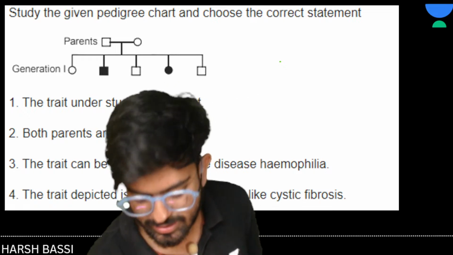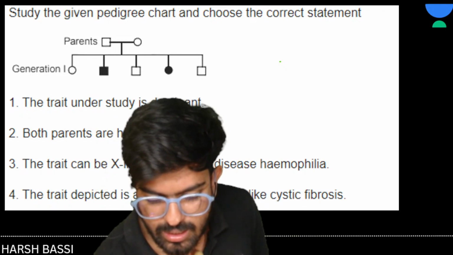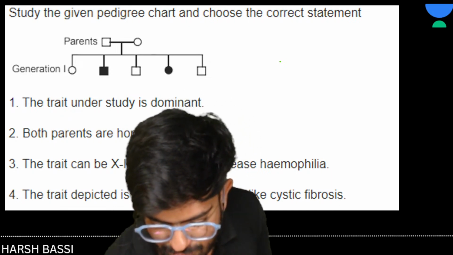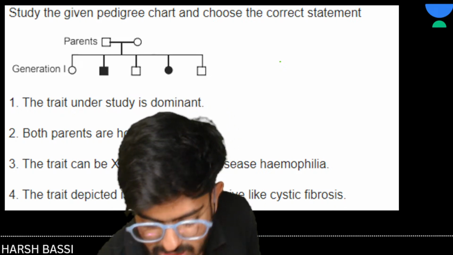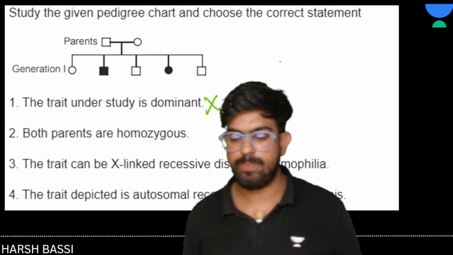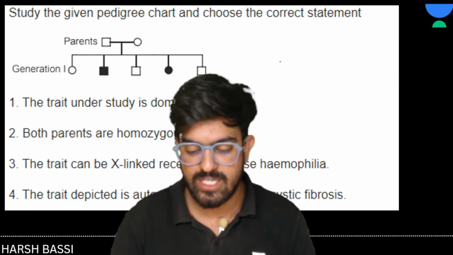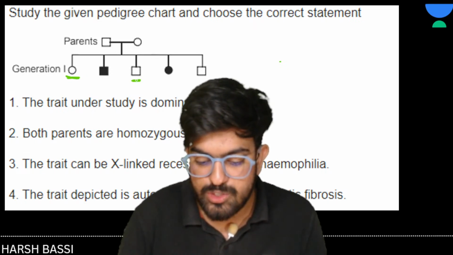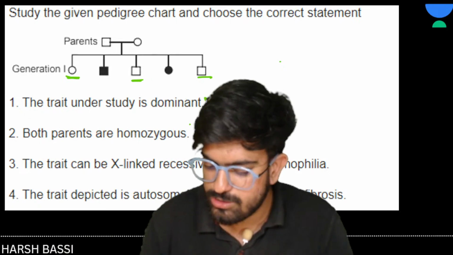I got the answer as 4. Yes, the fourth one is the correct answer. Dominant it cannot be. Both parents are homozygous? If both parents were homozygous, they would also have been affected.